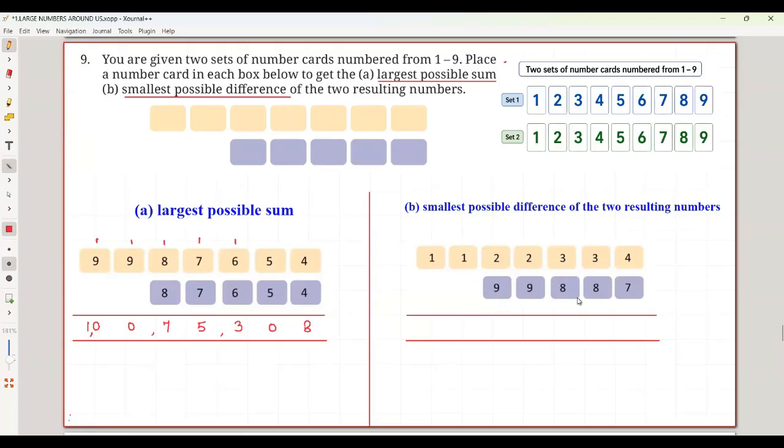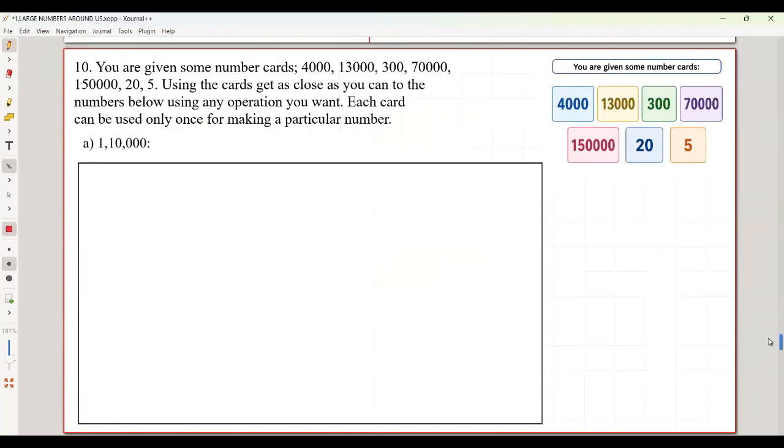If you arrange this and subtract, you'll get the answer 10 lakhs 22,444. You can just subtract and check.